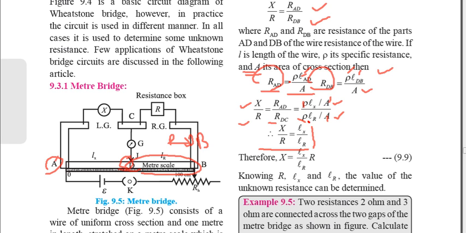So the final equation is X by R is equal to Lx by Lr. Therefore X is equal to R times Lx by Lr, as R goes to the right hand side.